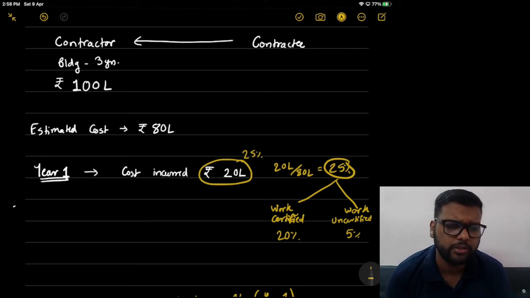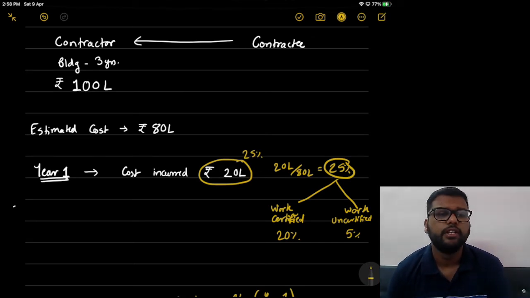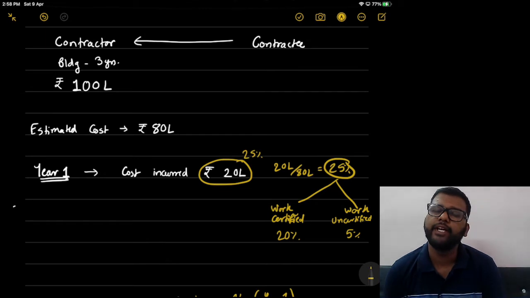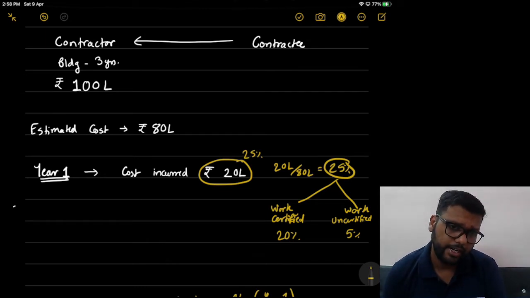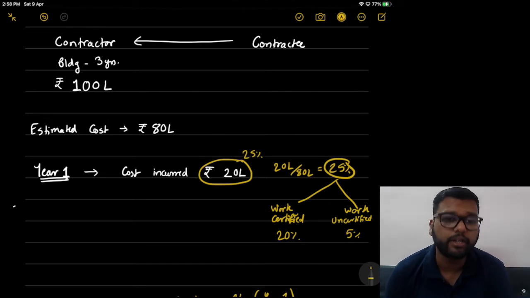So he is going to pay us only for 20%. Now can anyone calculate roughly and tell me how much profit should be recorded in the costing P&L account? Concentrate carefully and tell me how much profit should be recorded in the costing P&L account.